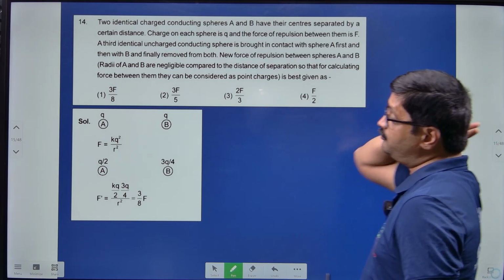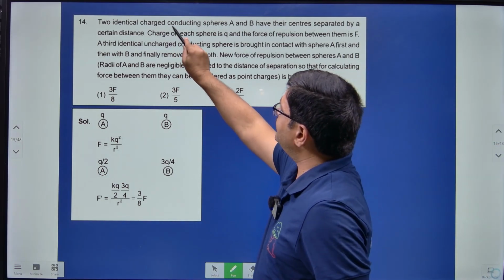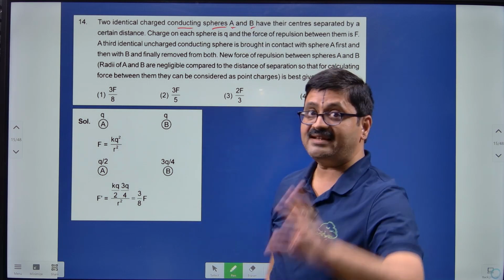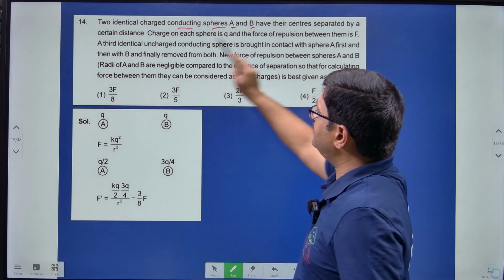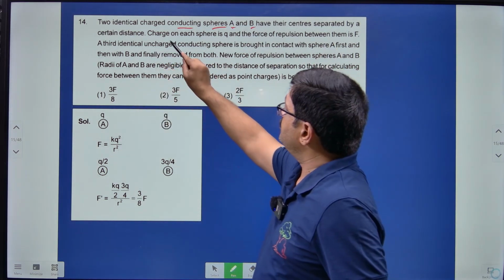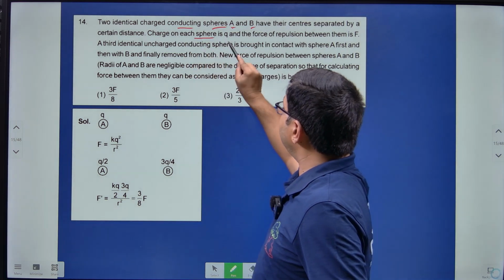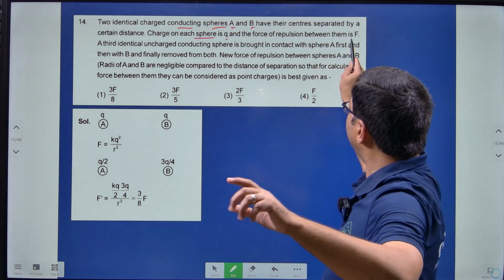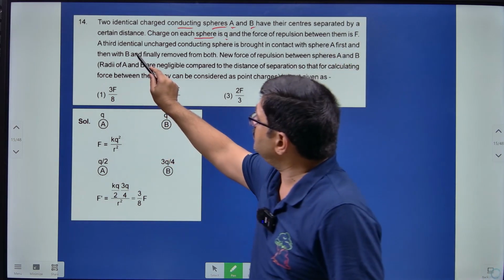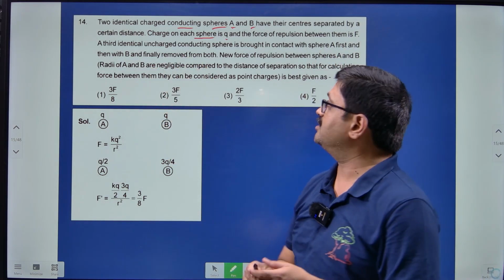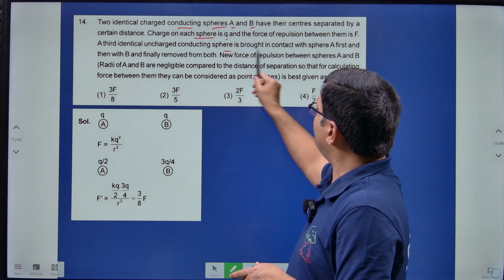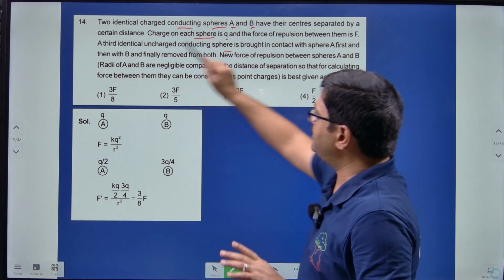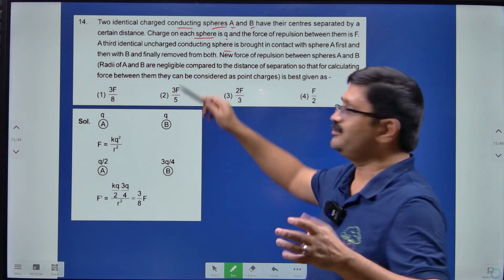Then moving on to the 14th question. Two identical charged conducting spheres A and B have their centers separated by a certain distance. Charge on each sphere is Q and the force of repulsion between them is F. A third identical uncharged conducting sphere is brought in contact with sphere A first, then with B, and finally removed from both.